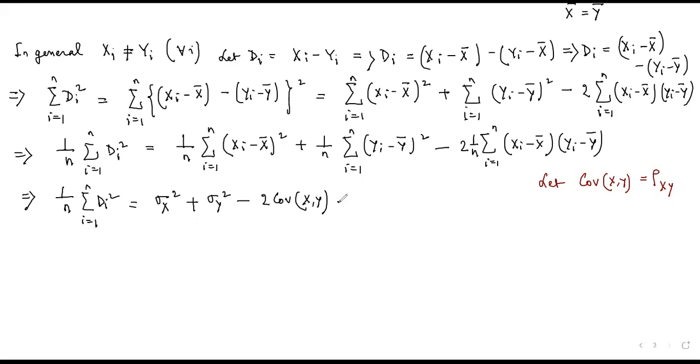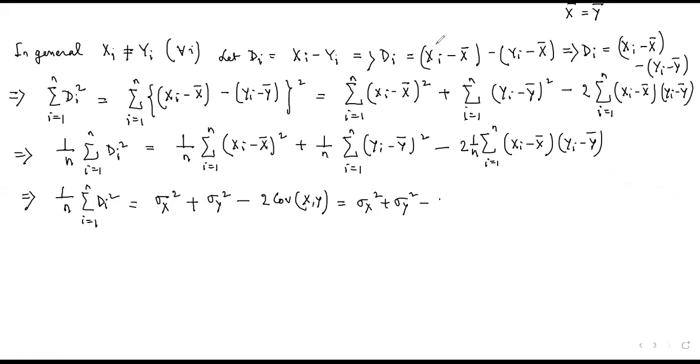So we are writing it in this manner: sigma x square plus sigma y square minus... Okay, this symbol would not be good, it would be much better if I change this thing a little bit. Let us not name this covariance xy by any symbol.